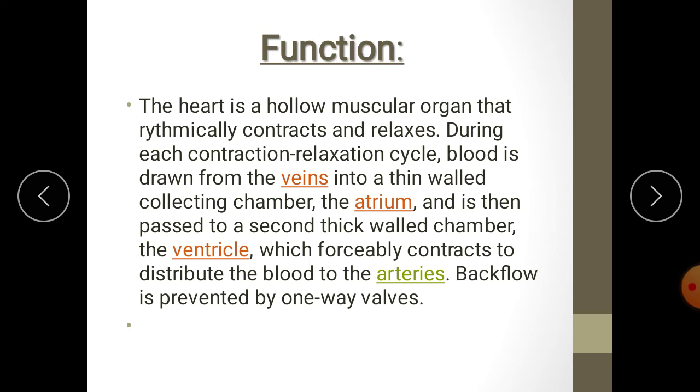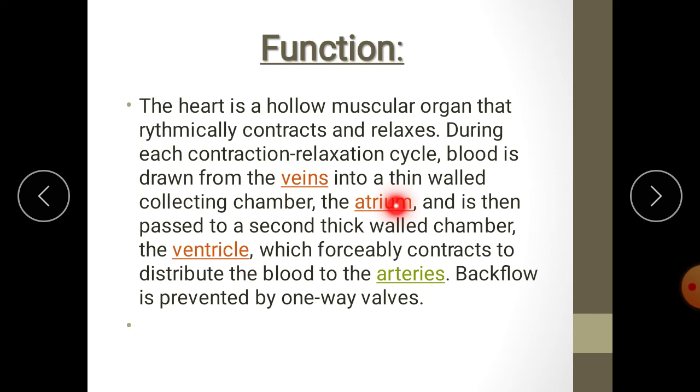The heart is a hollow muscular organ that rhythmically contracts and relaxes to pump the blood. During each contraction and relaxation cycle, blood is drawn from the veins. Veins supply deoxygenated blood to the heart, into the thin-walled collecting chamber, the atrium. The atrium is thin-walled, the ventricle is thick-walled.